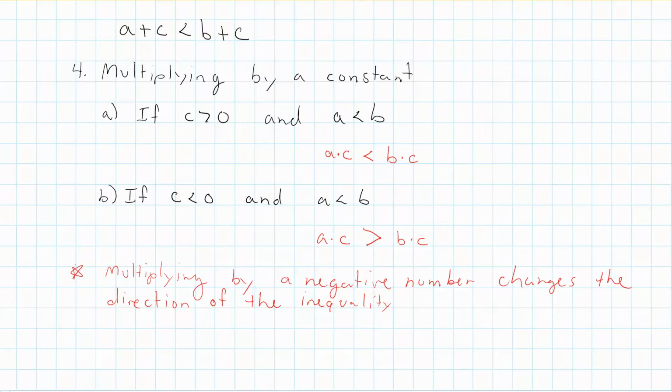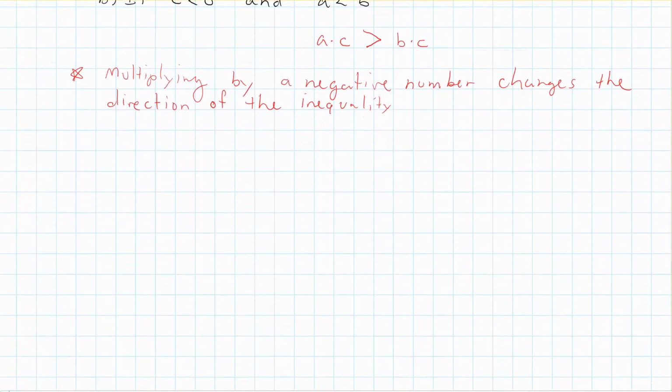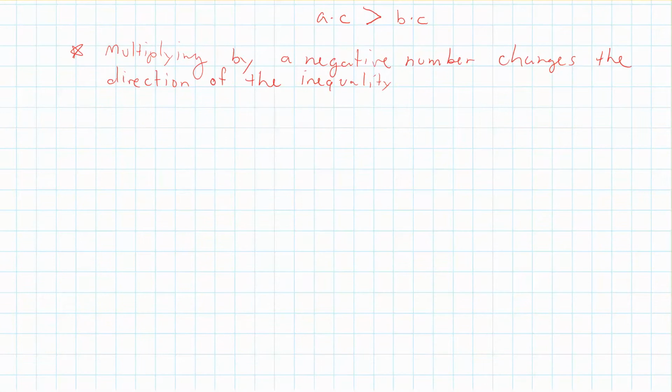Alright, so let's look at some examples here of solving inequalities, and then we'll look at ways of writing the answers. We'll look at putting them in inequality notation, a graph of the solution, and then also interval notation. Alright, so let's look at a fairly easy example to start with. So we're going to start with 10x being less than negative 40.